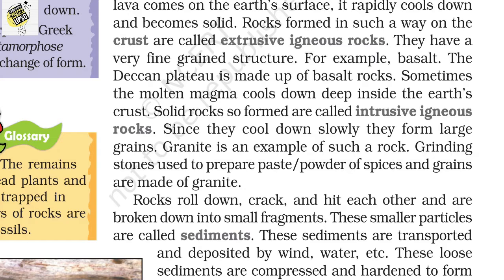The grinding stone used to prepare paste or powder of various spices and grains is made of granite. It is also useful for cosmetics, and we use granite for building houses, flooring, etc. Granite is an igneous rock formed by the cooling of magma.